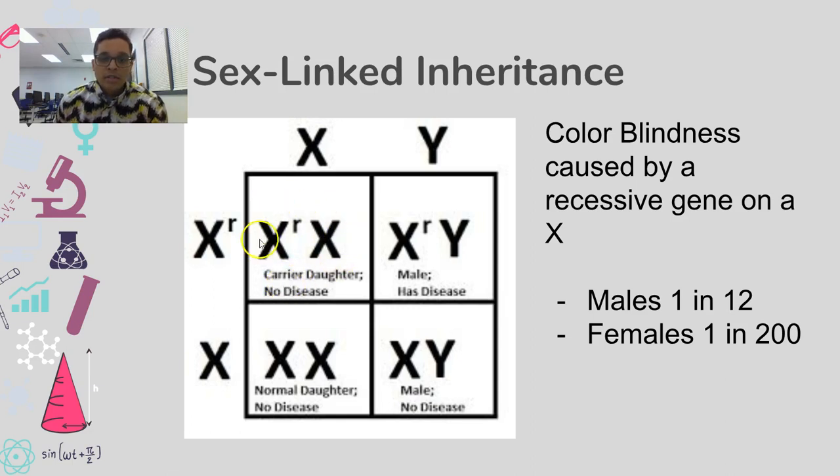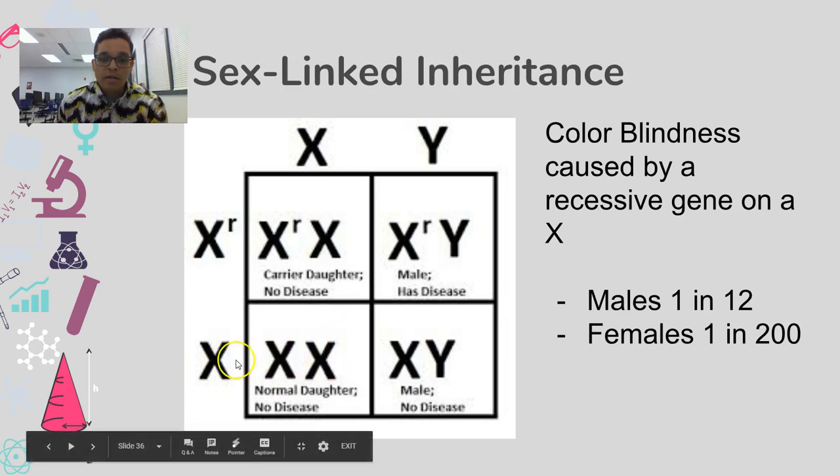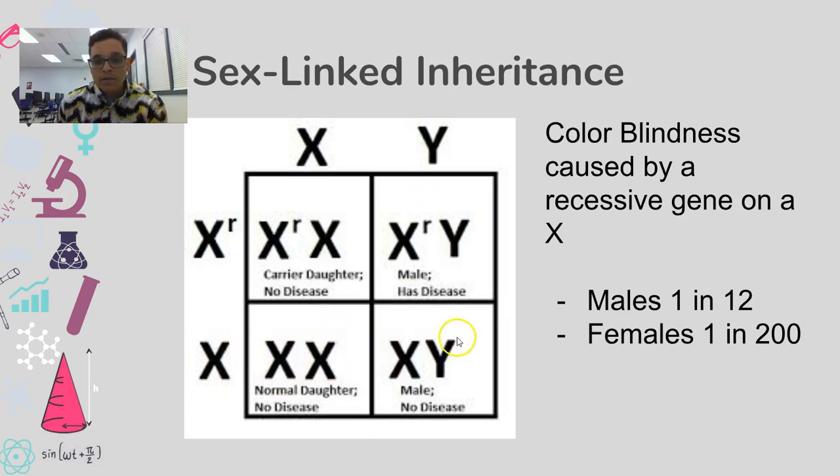So the reason she doesn't have it is because she has one dominant X, so it's masking this recessive one. Her normal X is given, so it's a normal daughter.